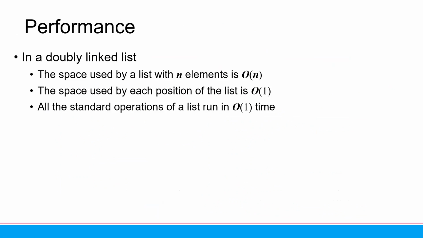When we want to use this doubly linked list, the space used by a list with n elements is O(n). Most data structures, like linked list, stack, and queue, have space O(n) because they have n elements. The space used by each position of the list is O(1).